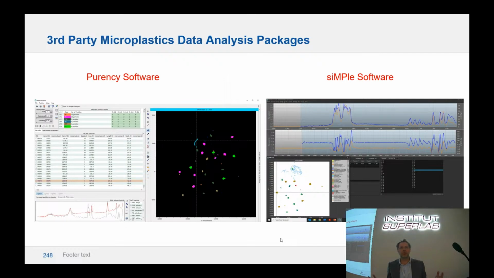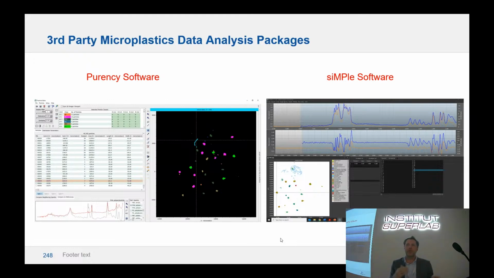Now, for those that have used microplastics analysis in the past using FTIR, our software can do a lot of the analysis in the back end, but I know that there are third-party softwares that people like. What I will say is that Puracy have actually gone out of business now. I heard quite recently. So whilst some people still use Puracy software, that's no longer a software platform you can export into. Simple, though, is very common in our industry, and it does a lot of what I just described that we can do in our software.